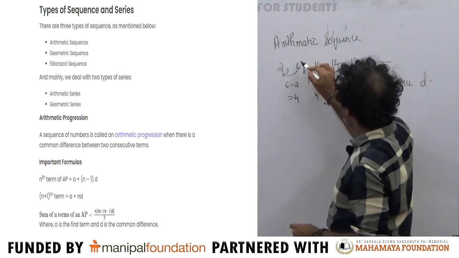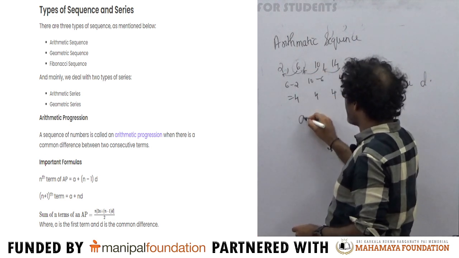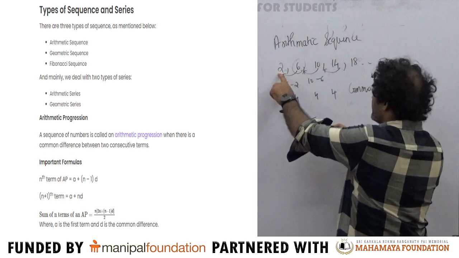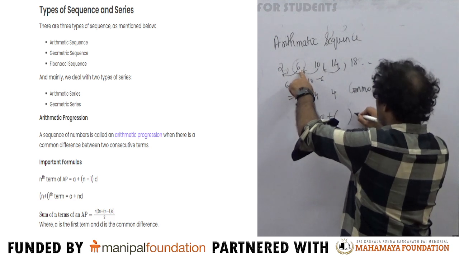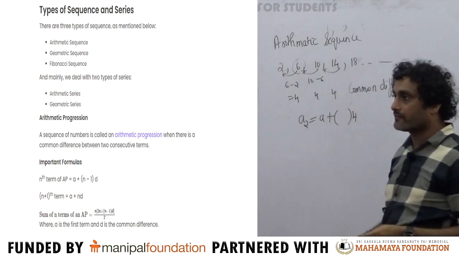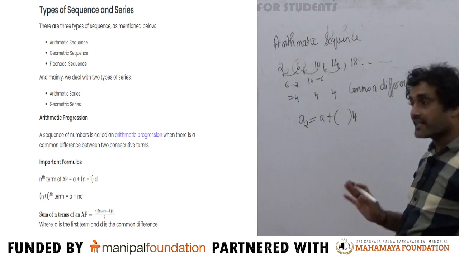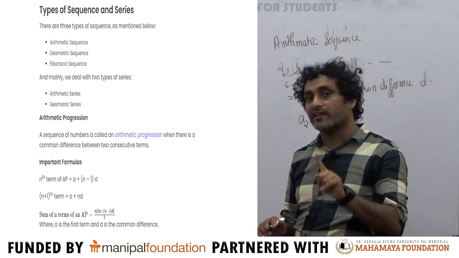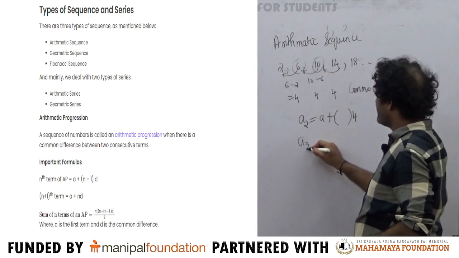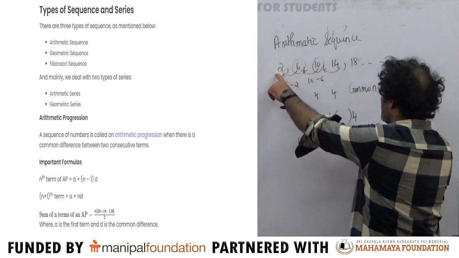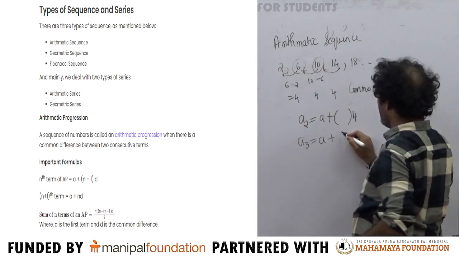Now see, how did you get this number 6? The second term is 6. It is always a plus d. Though it is the second term, aren't you adding only 4? For the second term you added 4 only, the difference added only once. I'll come to the third term. If you want a3, a which is 2, 2 plus 8 is 10, right?